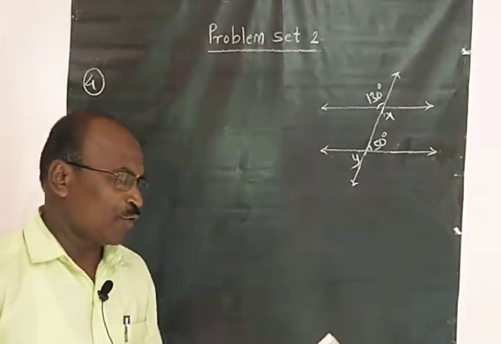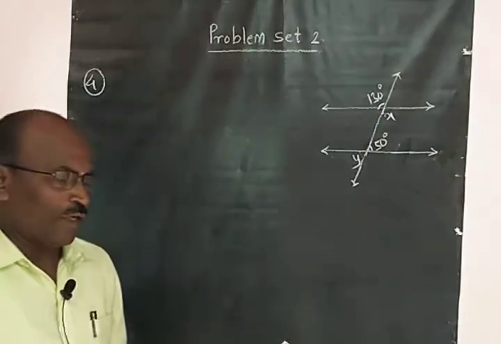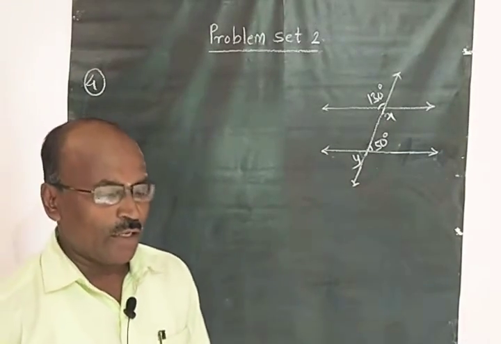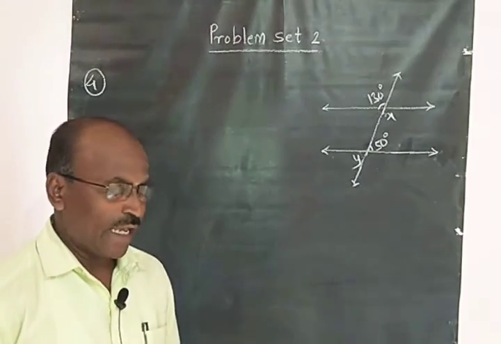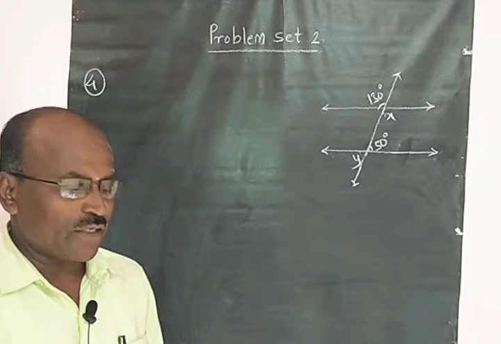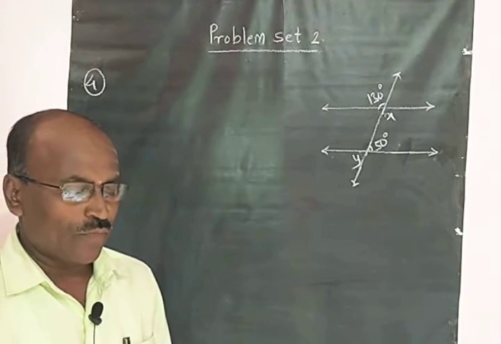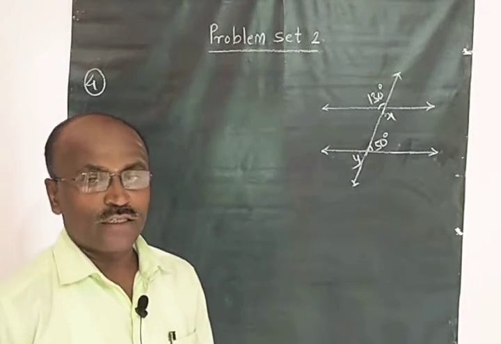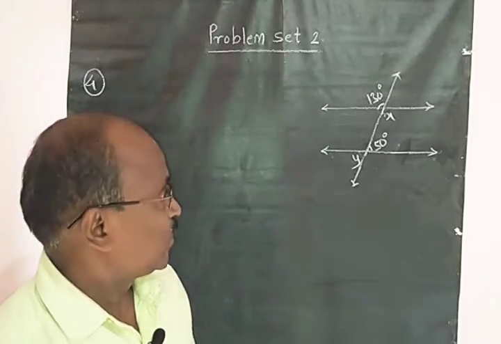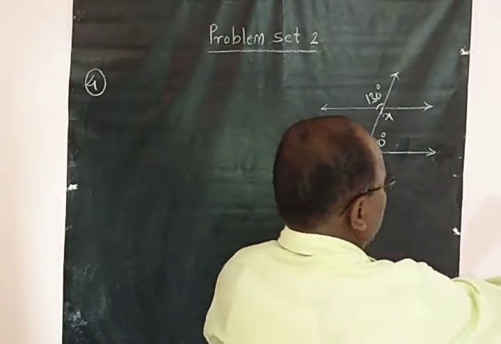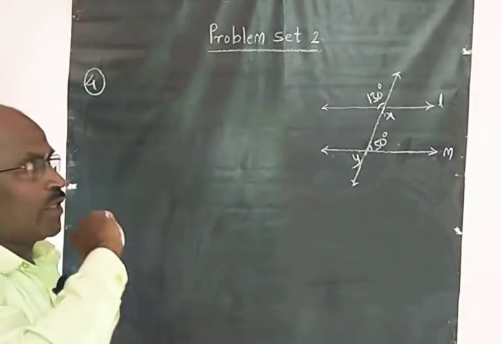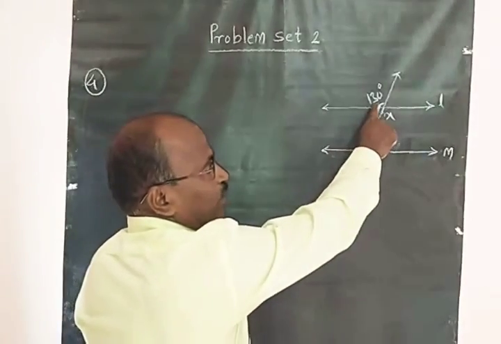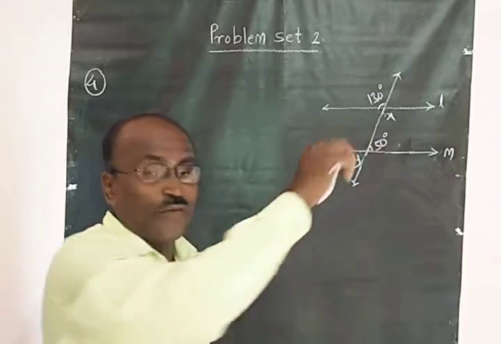Look at the fourth example. In the figure, measures of some angles are shown. Using the measures, find the measures of angle X and angle Y, and hence show that the line L is parallel to line M. So here is the line L and the line M. So here this angle is given 130 degree and this is given 50 degree.